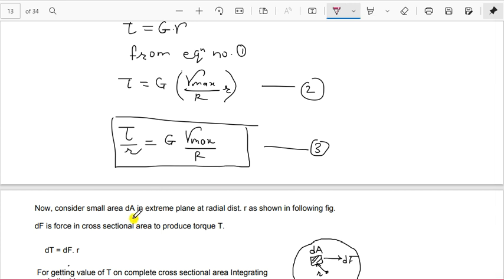Now consider a small area dA in the extreme plane at radial distance r as shown in the figure.